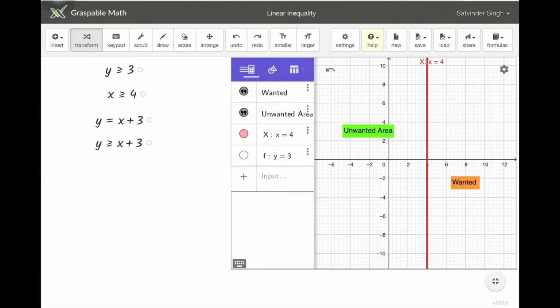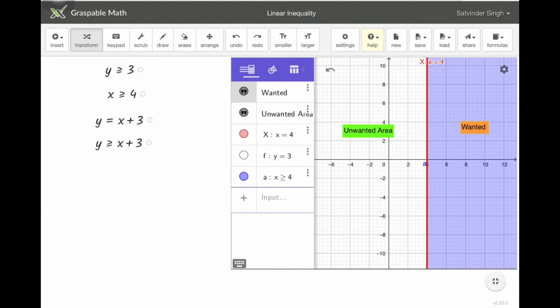But when we have an inequality, for example, x greater than or equal to 4, let's see what will happen. Look, if x is greater than 4, the wanted area is on the right hand side because all the values of x are bigger than 4, like 6, 8 or any value you choose. On the left side we have unwanted area.